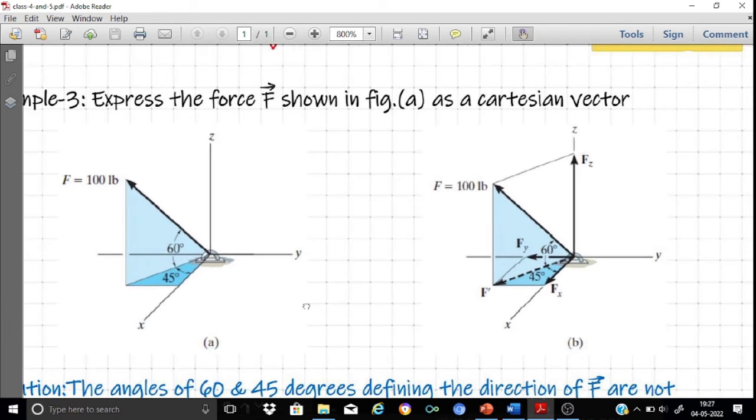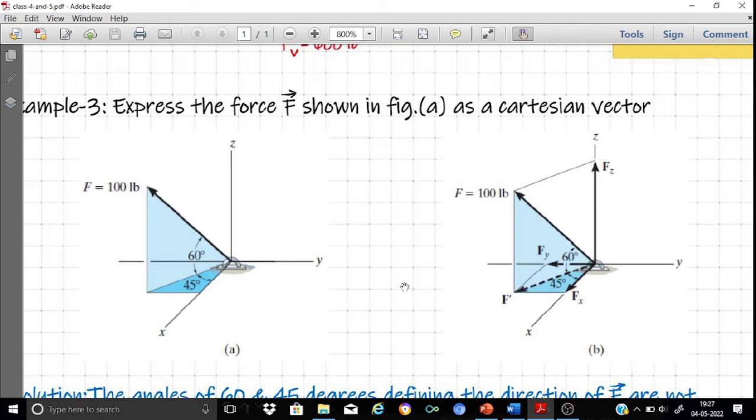So here the approach is very simple. First, this is my 100 lb force. Let us apply the parallelogram law first to obtain the component of this 100 lb along the z-axis and also along the xy plane. As you can see, from the head of the 100 lb force I have drawn a line parallel to the z-axis where it meets my xy plane, marked as F dash.